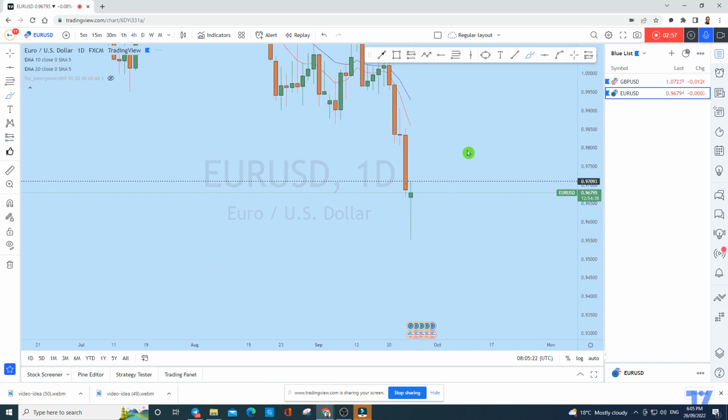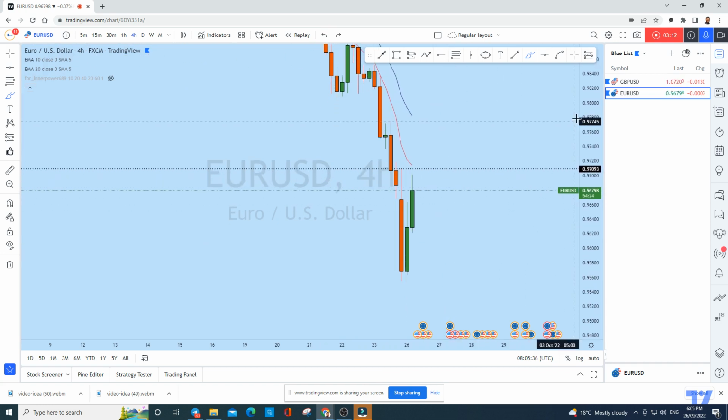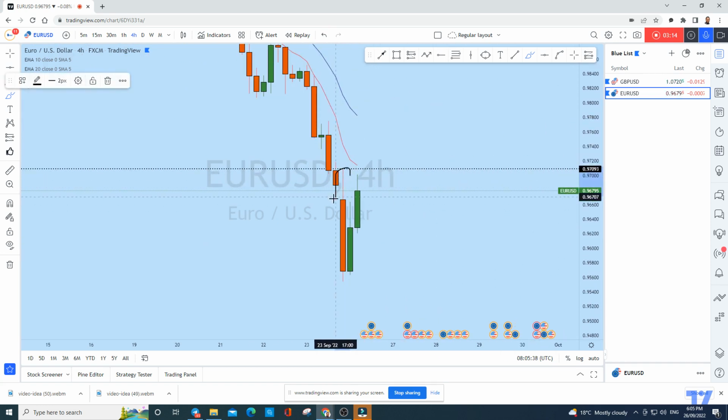Now if we look at the intraday time frame to see what kind of price action we have, this is the first candle of the session, which is a very strong rejection with a gap opening in this zone. Currently EUR/USD is testing this gap zone, where there is a gap opening and also the weekly and daily opening zone, and this is today's daily high.